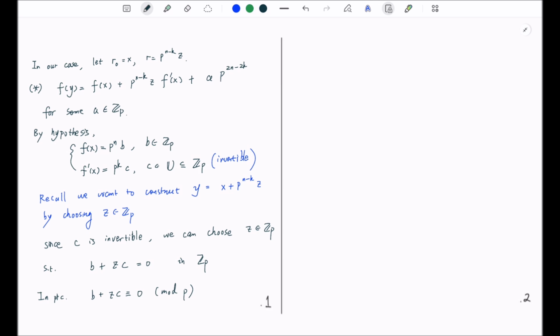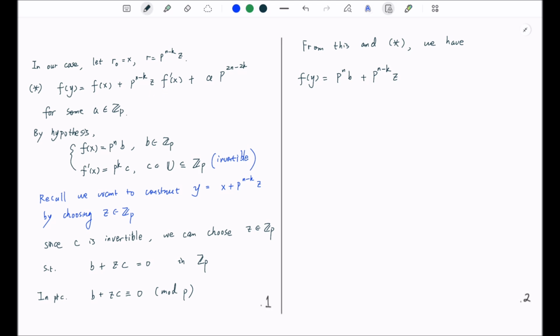And from here, together with this equation with asterisk, we have f of y is equal to p^n b plus p to the power n minus k times z, and we plug in this f prime here.